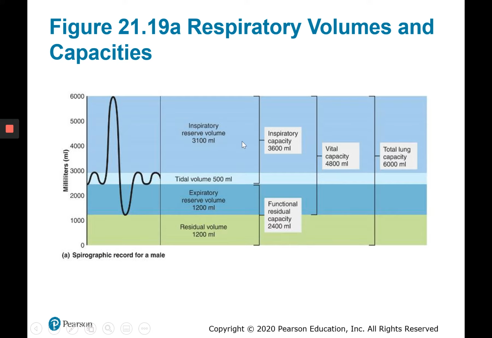If we look at another one, total lung capacity includes in its bracket all four respiratory volumes. So if you add all four respiratory volumes together, inspiratory reserve volume, tidal volume, expiratory reserve volume, and residual volume, you would get total lung capacity.